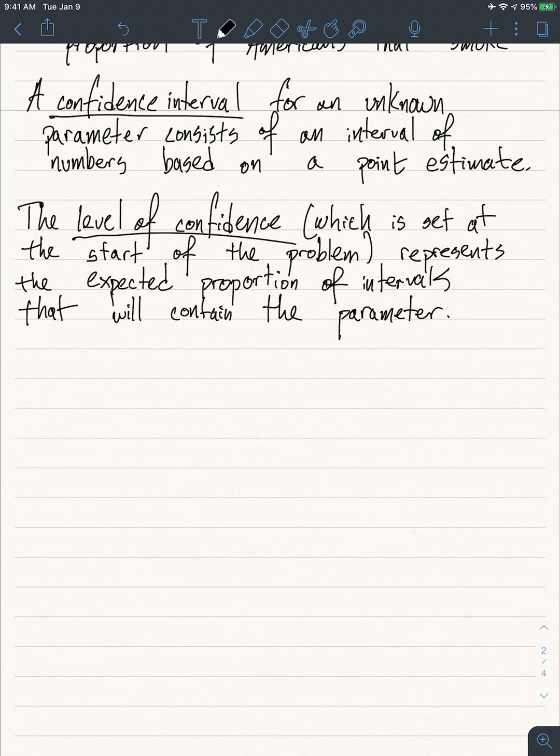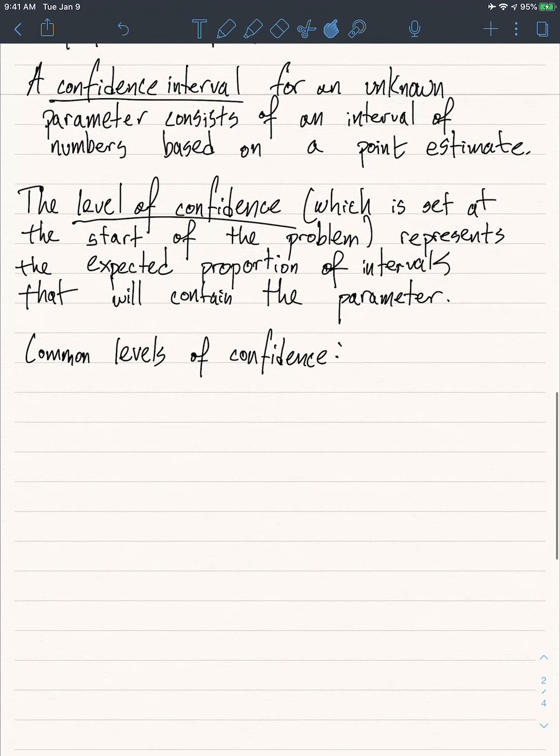But for now, let's talk about the common levels of confidence. Still not on the math yet, still doing some vocabulary.